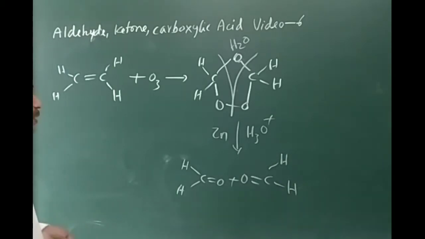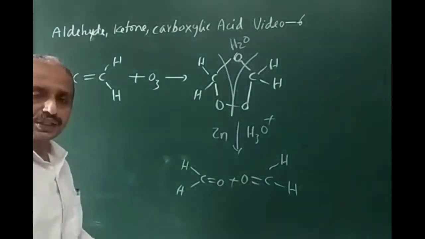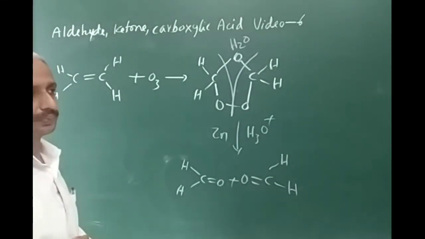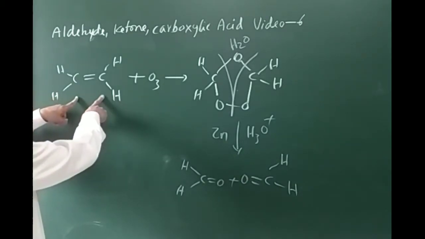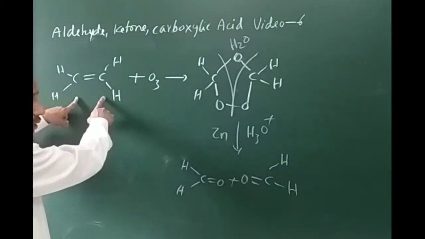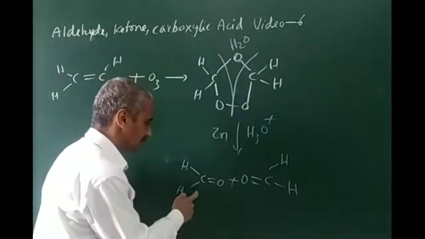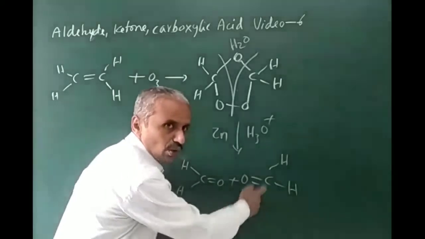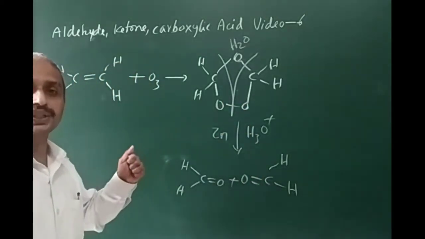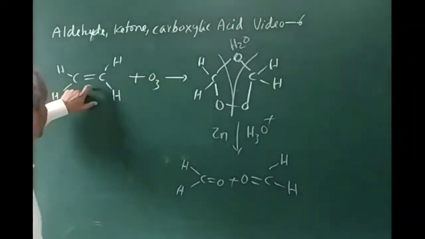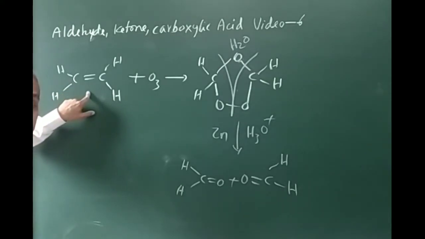See, from this ozonolysis reaction, I can get even ketone also. And remember here, if a symmetrical alkene is there, I am going to get only one type of aldehyde. This is formaldehyde, this is also formaldehyde. I am not going to get a mixture of aldehydes if a symmetrical alkene is there. What is a symmetrical alkene?